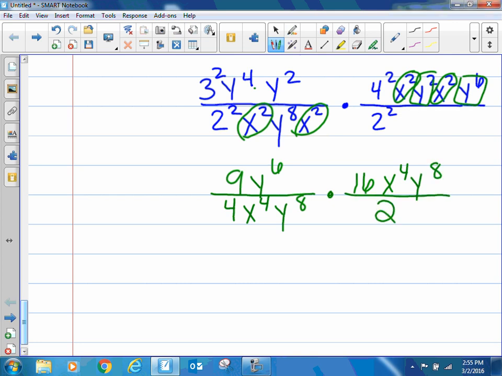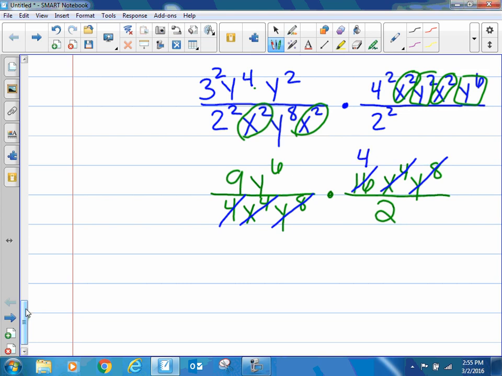Okay, well, I can start crossing things out. Remember, when you're working with this, you can simplify diagonally. So this x to the 4th can cancel out this one. This y to the 8th will cancel out this one. This 4 will make this a 4. What am I left with?